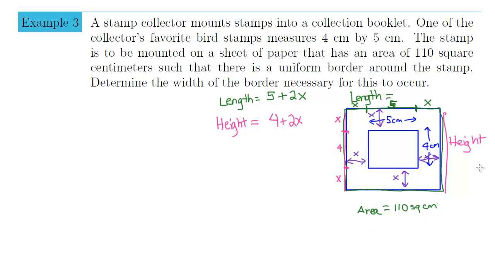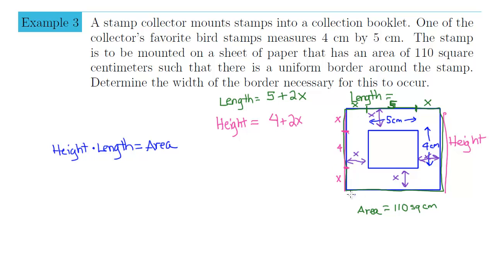Now, the area is what? It's the height times the length. So let me write down the height times the length of a rectangle, or if you like, the width times the length of a rectangle, is equal to the area of that rectangle, right? And so we can put this all together now.